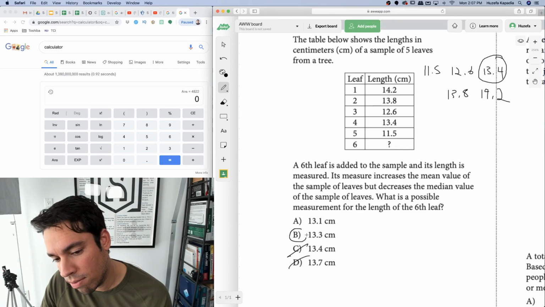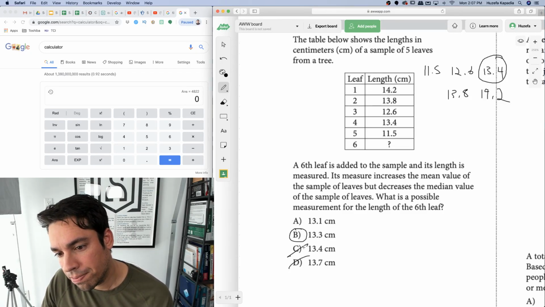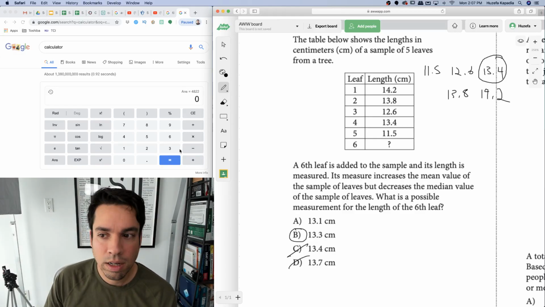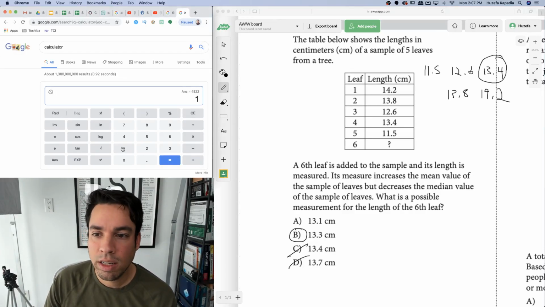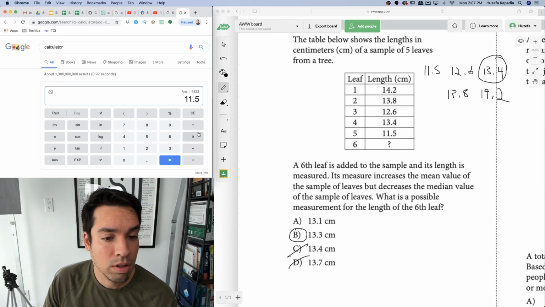It's got to be this one, obviously, because I mean, if we're increasing, the better bet is the bigger one. But I can tell you also by calculating the current mean, it just has to be bigger than the current mean. Just for fun, I'll show you. I think we have plenty of time. 13.4. Oops.